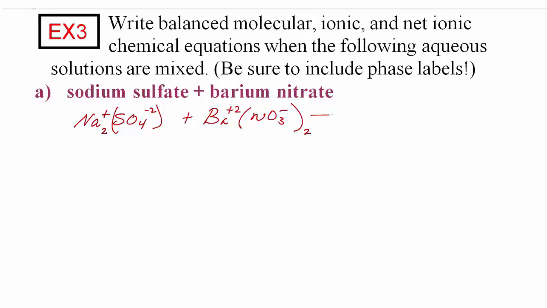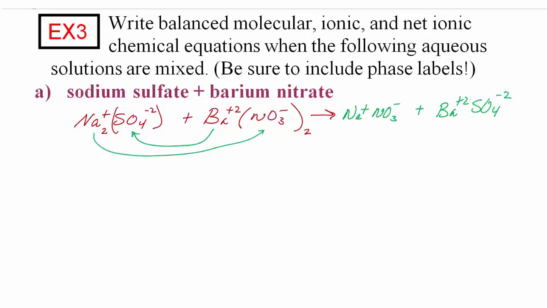Okay. So what could they form? So remember the game plan for this. Combine this cation with this anion. Combine this cation with this anion. So we'll have sodium ion combined with the nitrate anion, and we'll have the barium ion combined with the sulfate anion.